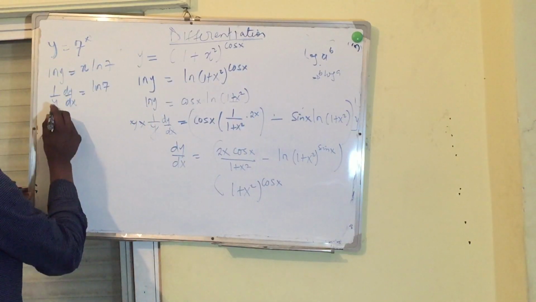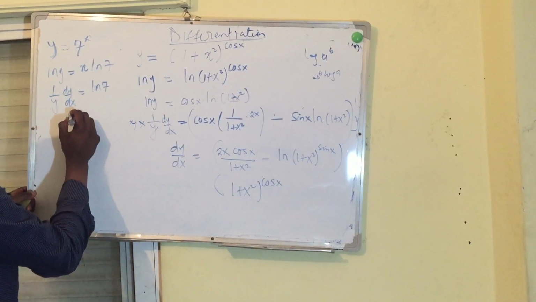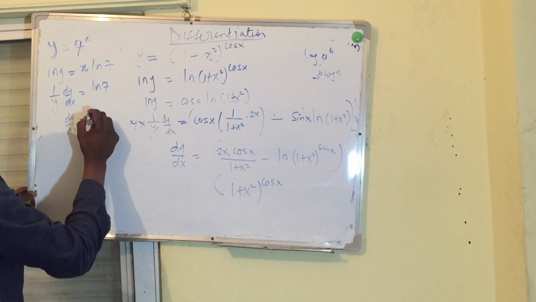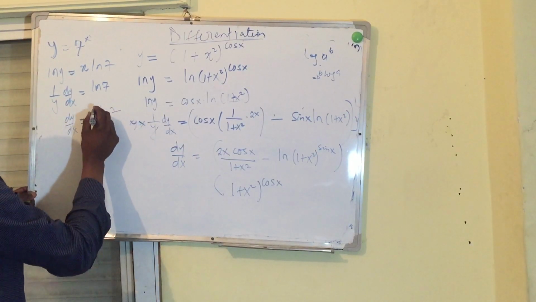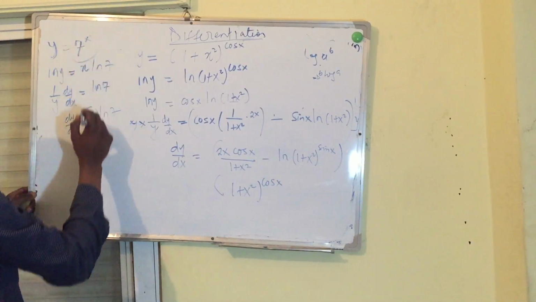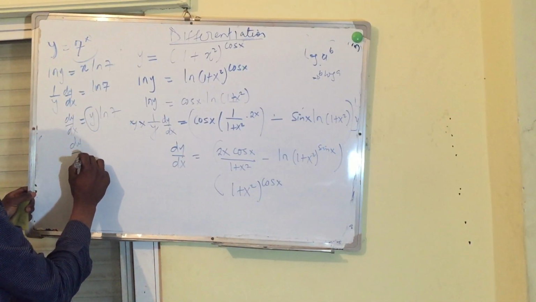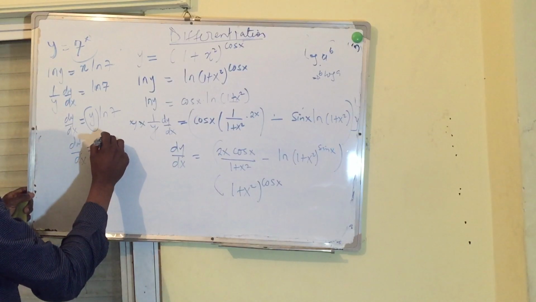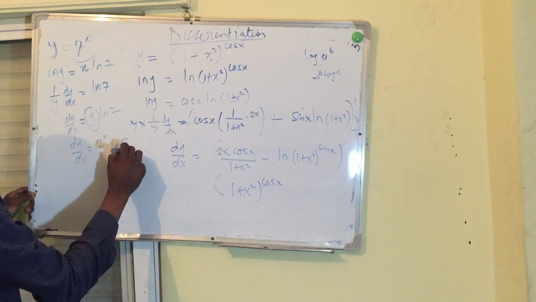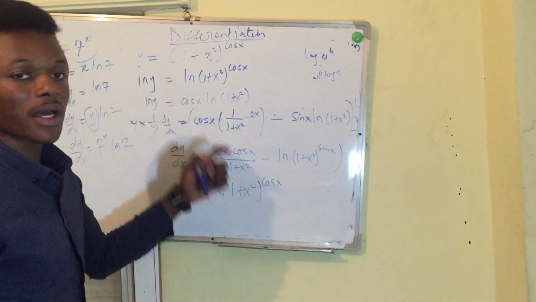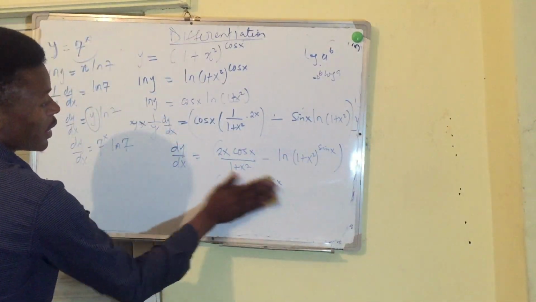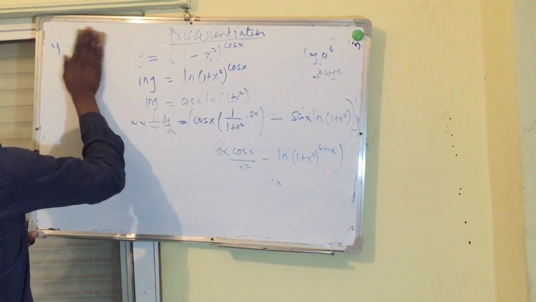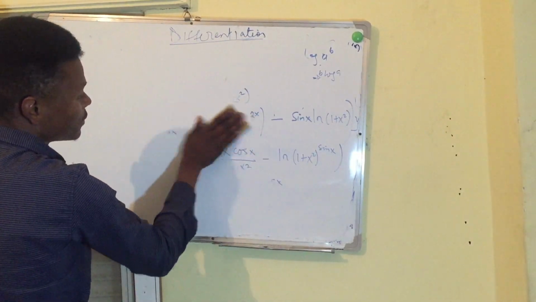Then we multiply by y, so dy/dx equals y ln 7, and we know y is 7 to the power of x, so dy/dx is 7 to the power of x ln 7. So this is how to differentiate this kind of function.